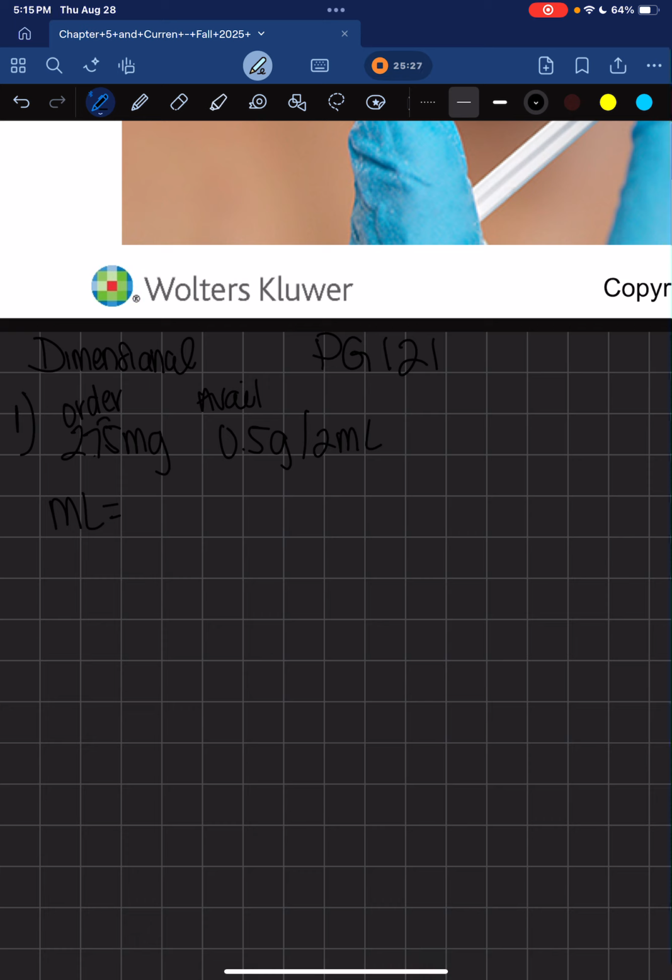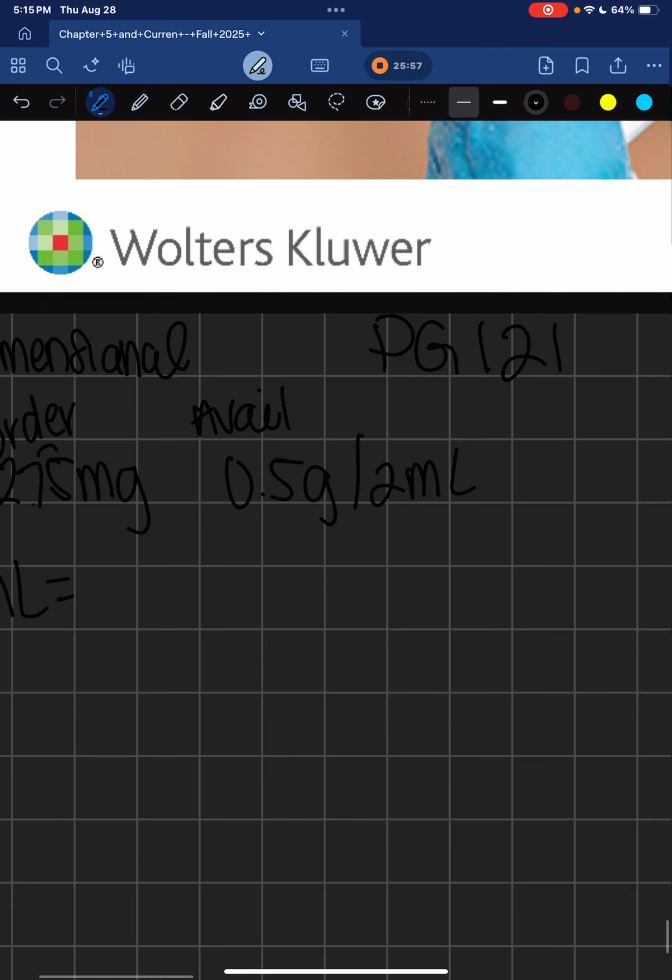So let's start by keeping milliliters as it is in the numerator on this side and on this side. You see, I start with the end in mind. I'm starting here with the answer that I want to discover, because I know that by knowing where I want to go, I'm already going to be honest about what I put over here. So what do I have available to me that has milliliters in it? How many milliliters? 2 milliliters has how many grams?